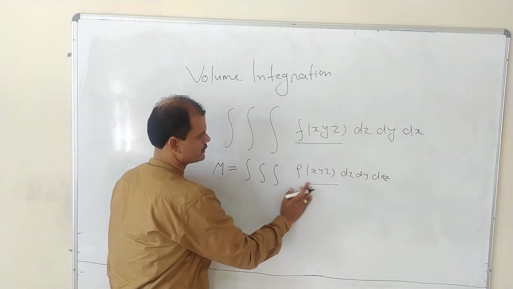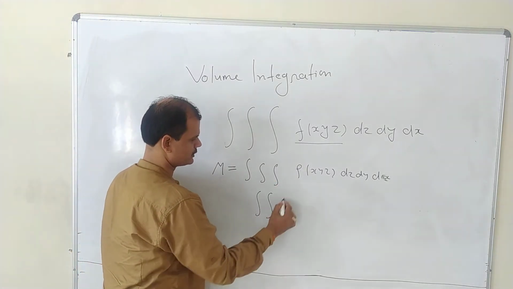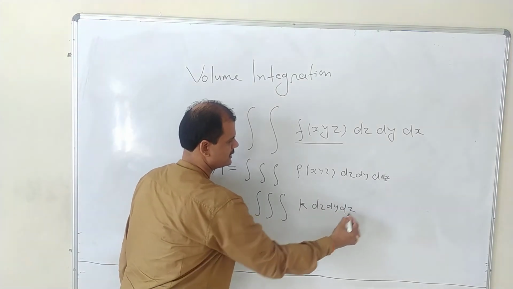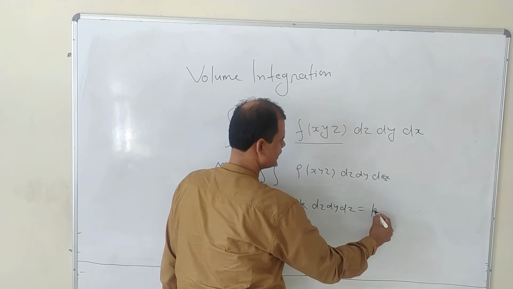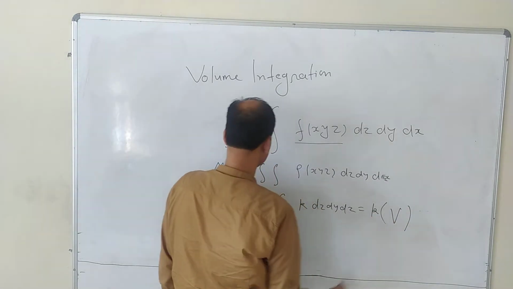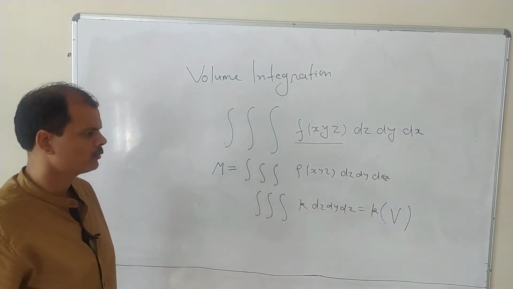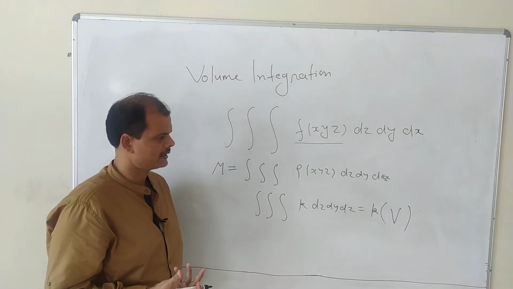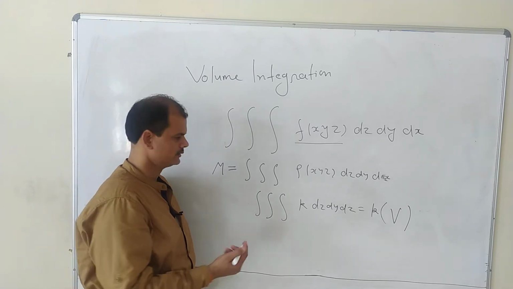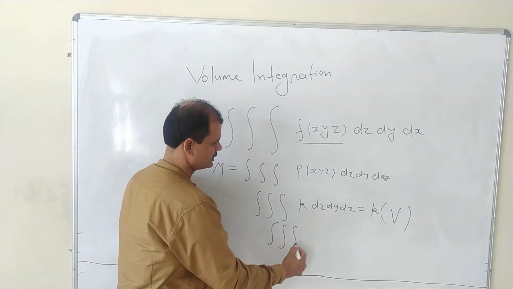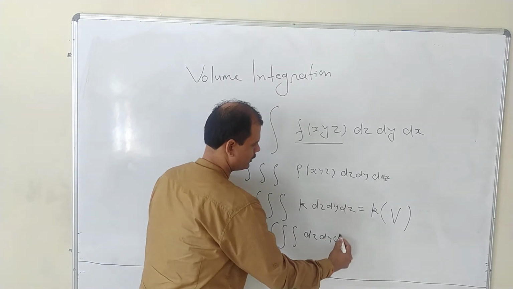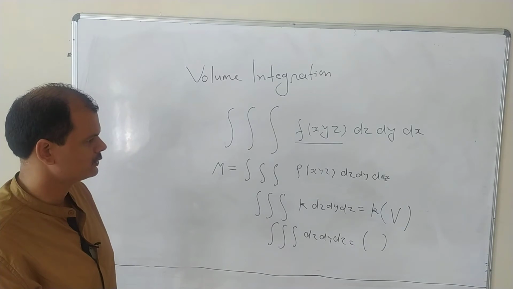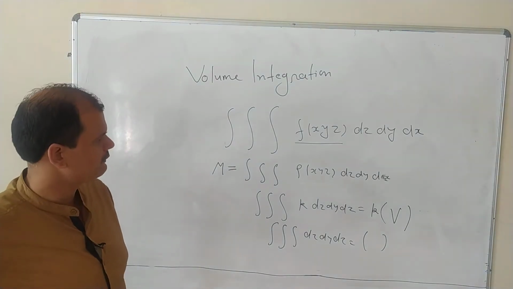And if this is a constant, some k, suppose k dz dy dx, this will give k times the volume of that region. And if k equal to 1, this integration will give the value of the volume of that region, right? So here f is the scalar.